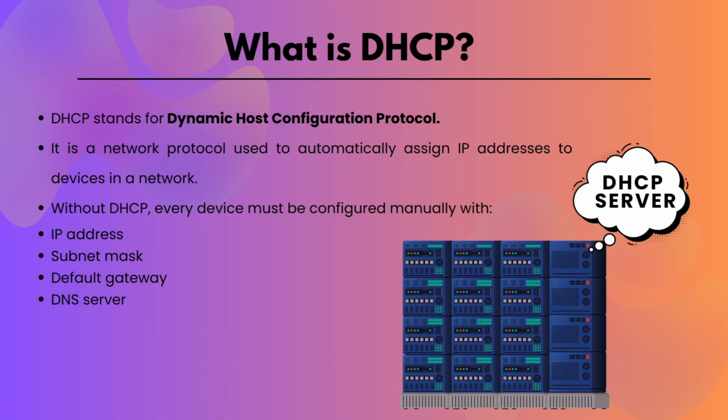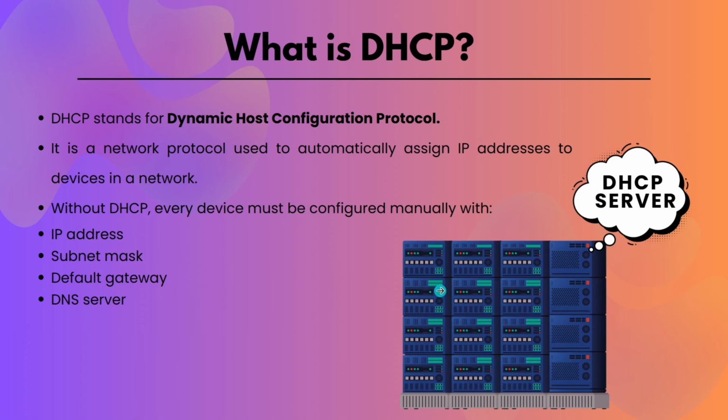Before we start the configuration, let's first understand what DHCP actually is. DHCP stands for Dynamic Host Configuration Protocol. It's a network protocol used to automatically assign IP addresses to devices in the network. Without DHCP, every device must be configured manually with an IP address, subnet mask, default gateway, and DNS server.